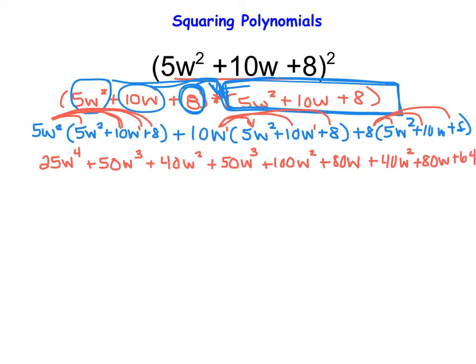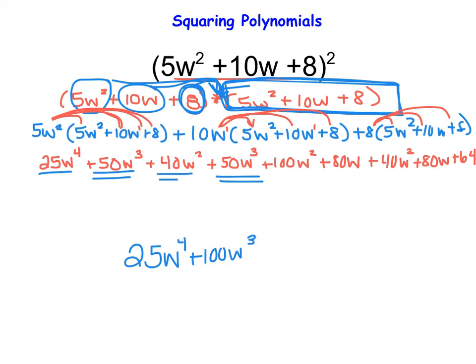So now that I've performed all of the distributions, I'm going to look at combining as many like terms together as I can. I start off with w to the fourth, and I notice that that is the only w to the fourth, so I have 25w to the fourth. I then have multiple w cubes for a total of 100 w cubes.